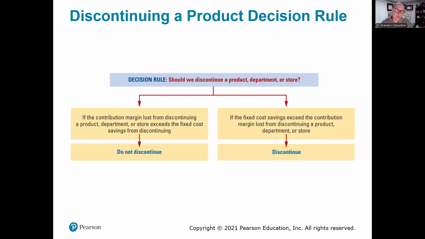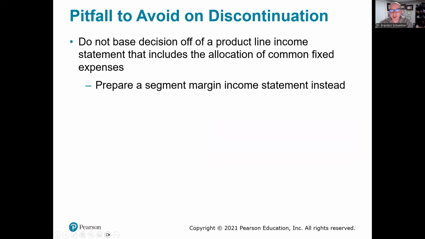So that's part of the decision-making process. So the pitfalls here: don't base the decision on product line statements that include the allocation of fixed expense. We would prepare a segment margin income statement instead. So just things to consider when discontinuing a product.